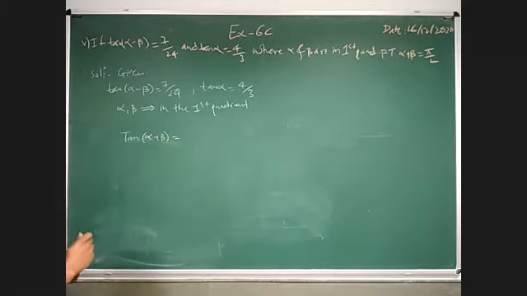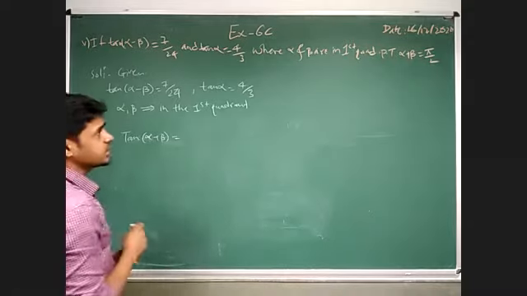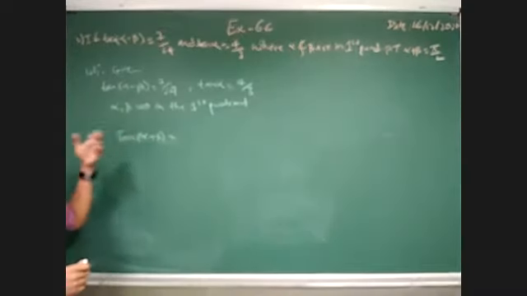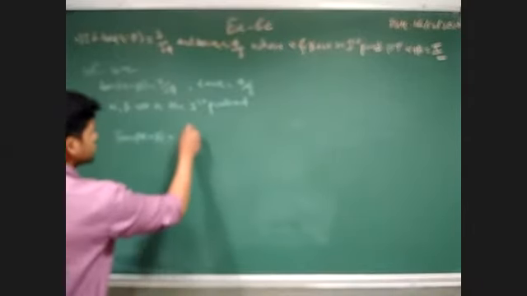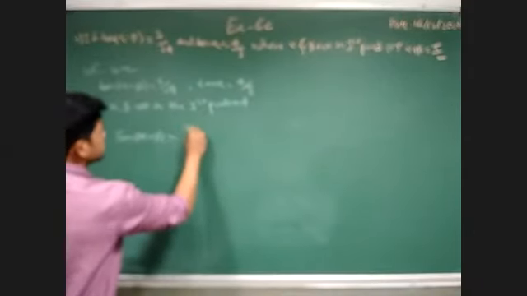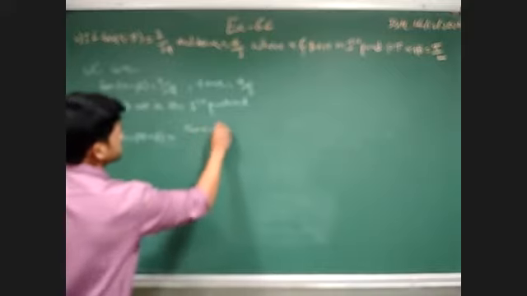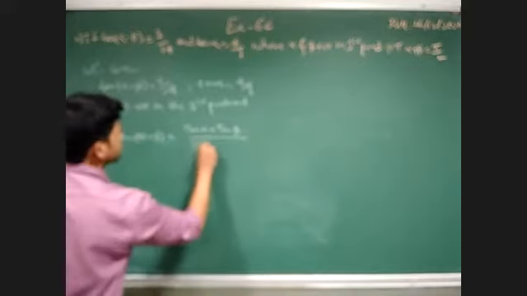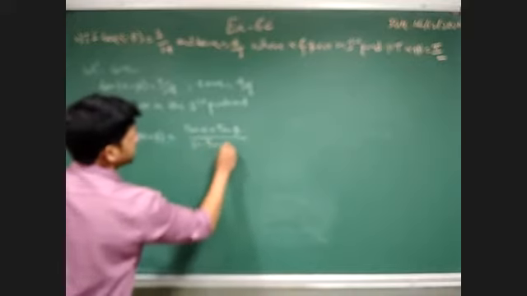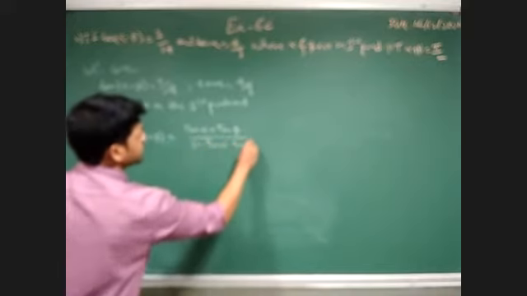If I'm finding tan of alpha plus beta, I'm going to use the compound angle formula here, that is tan alpha plus tan beta over 1 minus tan alpha into tan beta.